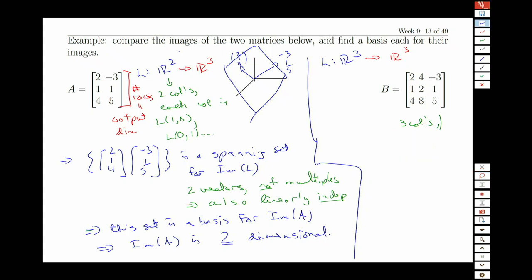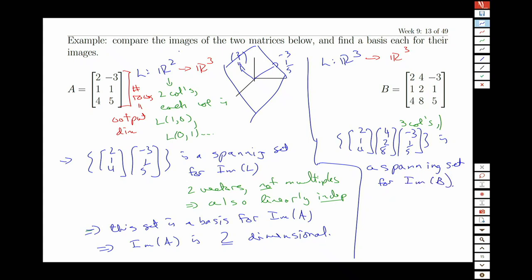If we have those three vectors, they are still a spanning set: (2, 1, 4), (4, 2, 8), and (-3, 1, 5) is a spanning set for the image of B. All the points in the image of B are reached by some linear combination of those vectors.